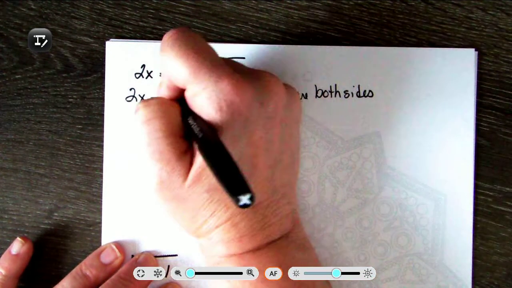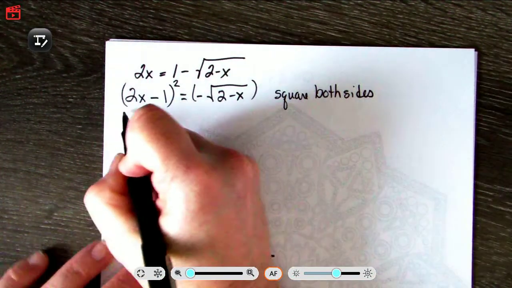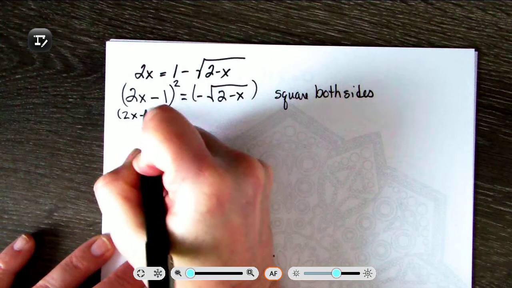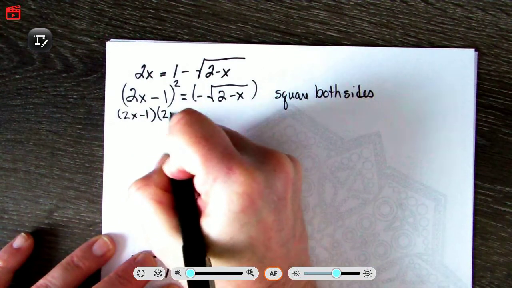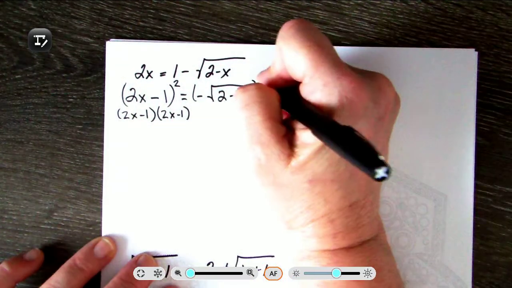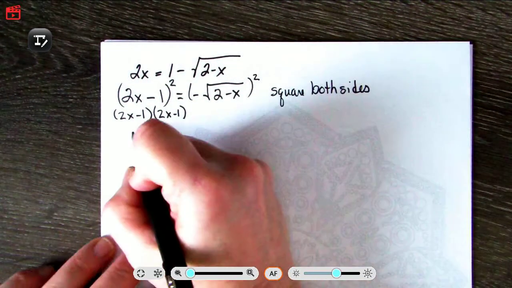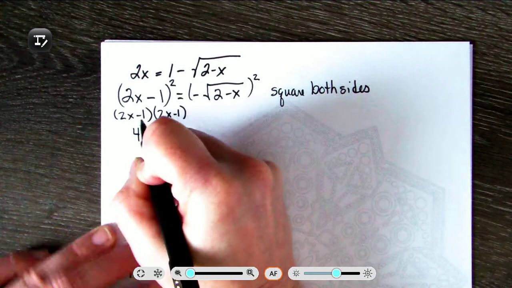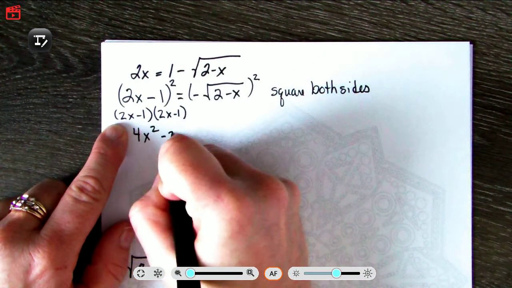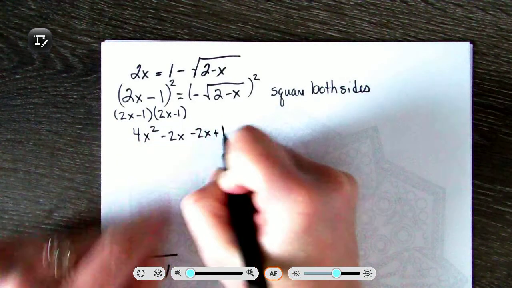And remembering when I square the 2x minus 1, I have to remember it is 2x minus 1 times itself, which means I am going to need to FOIL. So 2x and 2x is 4x squared. My outers minus 2x, my inners minus 2x, and my last plus 1.